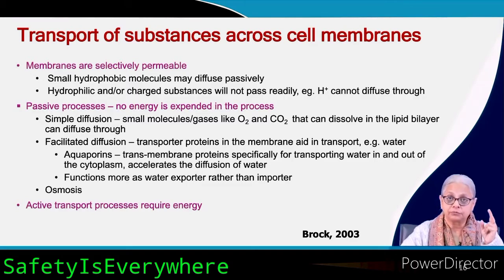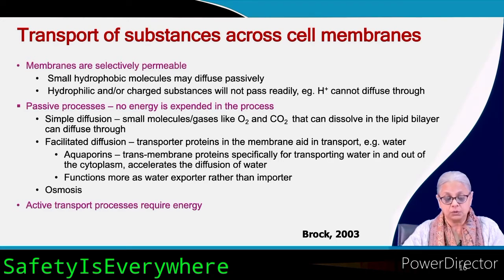There are two types of transport processes. We have passive transport and active transport. In passive transport, no energy is utilized by the cell. So there are three types of passive processes that we are going to look at. One is simple diffusion, the second is facilitated diffusion, and the third is osmosis.